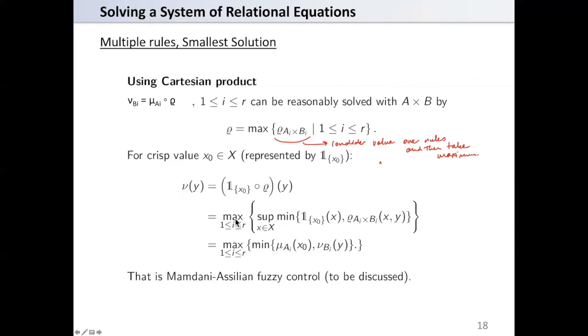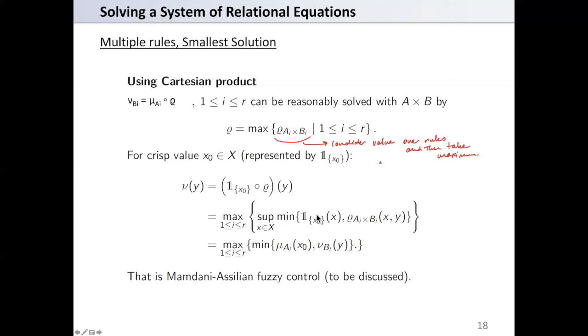Here, for each rule, we are considering the minimum of the crisp function x0 at point x and the Cartesian product of AI, BI at point x, y.